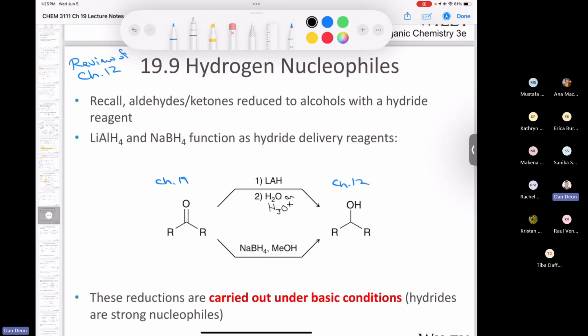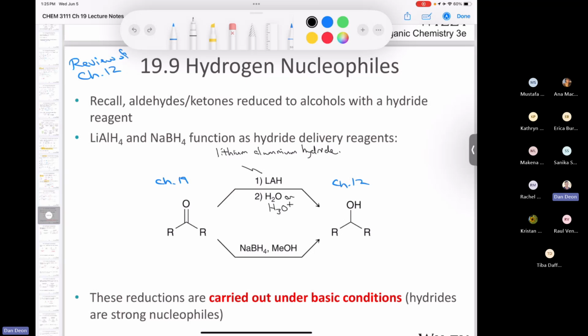So to reduce a ketone or an aldehyde, we can use LAH, which is, if you don't remember, lithium aluminum hydride. And then this one down here, NaBH4, that's sodium borohydride. Those are both good reducing agents for an aldehyde or a ketone.